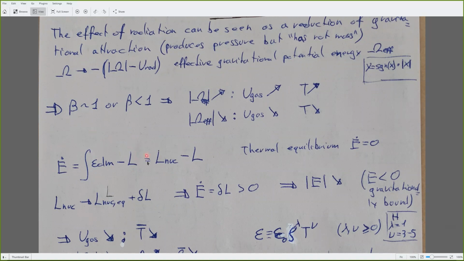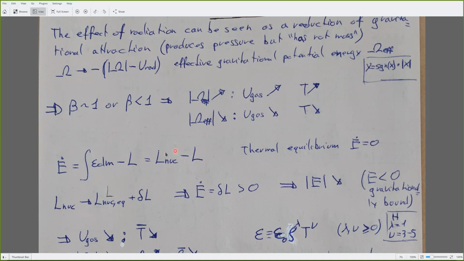So we have this nuclear luminosity, as we call the luminosity produced by nuclear reactions, less the luminosity exiting from the gas sphere.